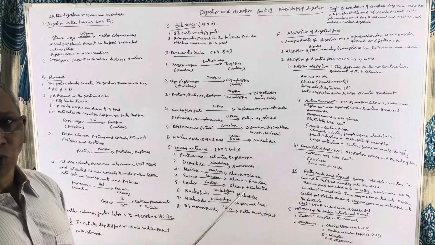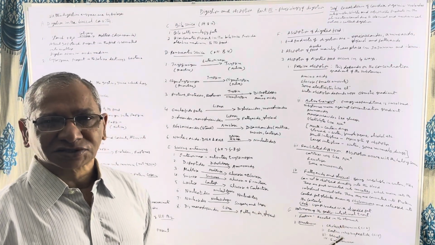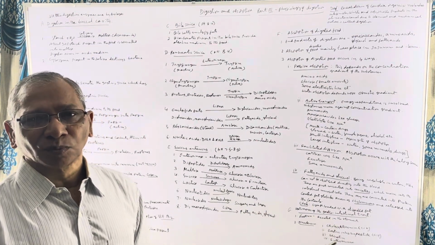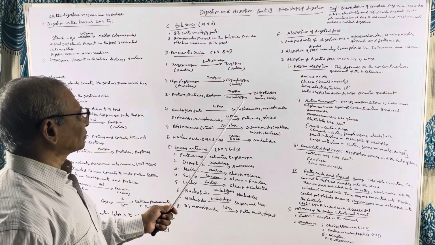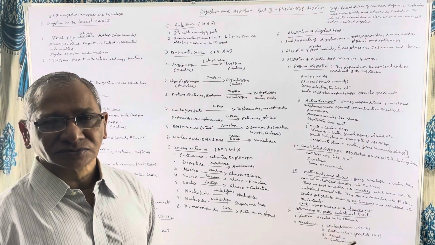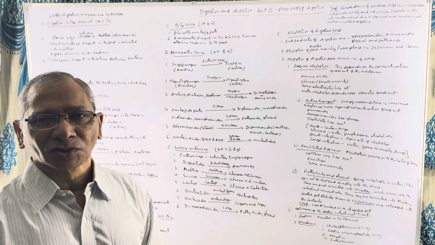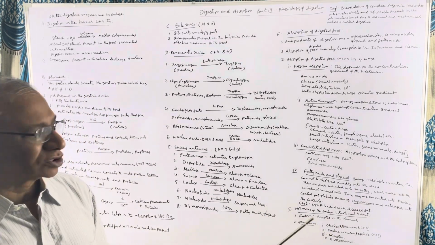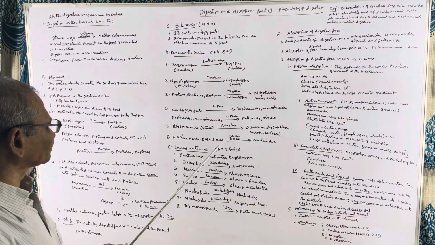Then both trypsin and chymotrypsin act upon still undigested proteins, proteoses and peptones and convert them into dipeptides and amino acids.